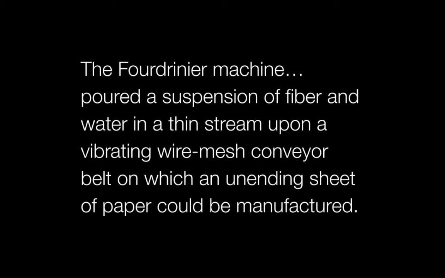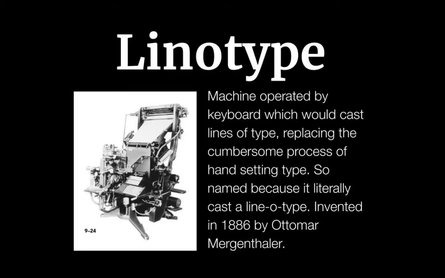So paper making, which compared to parchment was a major leap forward, has now been mechanized and sped up. It's able to be done in a way that's sort of endless. You can make huge rolls of paper, you can ship them more easily, you can pack them more easily. So this is another step forward during the Industrial Revolution.